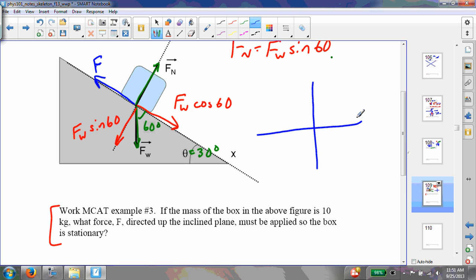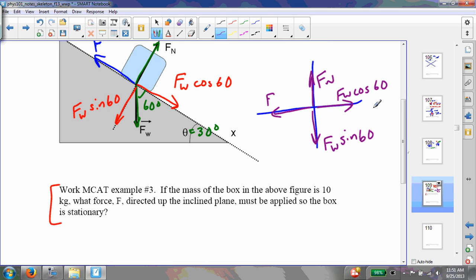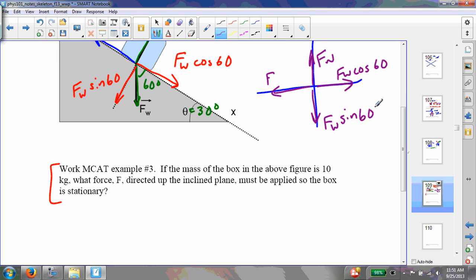I'm going to redraw this with my vectors now resolved. So here I have Fn, I have Fw sine 60, I have F, and Fw cosine 60. Now I can apply Newton's second law.